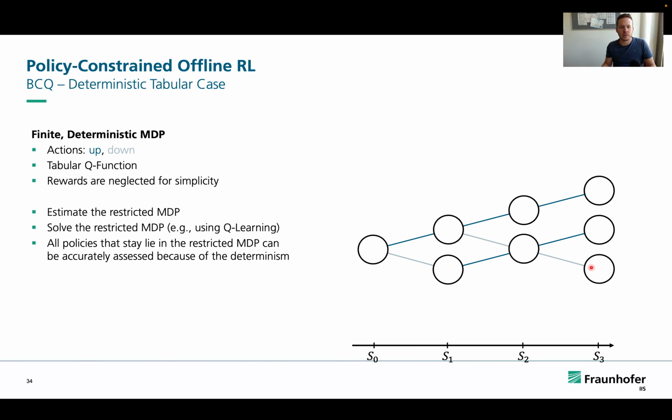So if you just count what data you have and throw everything else away, this is the set of admissible policies. All the admissible policies lie within that restricted MDP, and everything else is not part of your state and action set. If you solve the MDP on this restricted state and action set, you can just apply Q-learning.